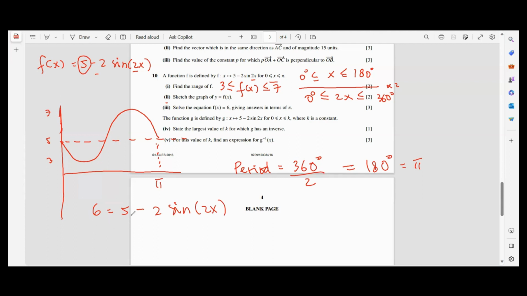We move the location first, so this becomes plus 2 sine 2x equals minus 1. So sine 2x equals minus 1 over 2.